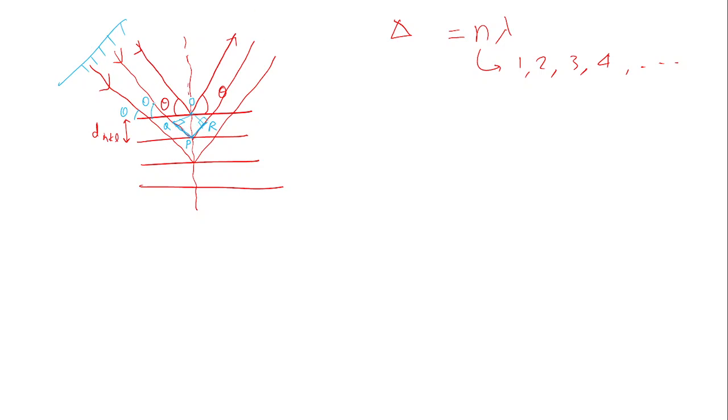So here, if you see carefully what I have drawn, this is theta, then this angle will also be theta. Why? Because vertically opposite angles are equal. Anywhere, if any line is there and another line intersects it, then the vertically opposite angles are equal.